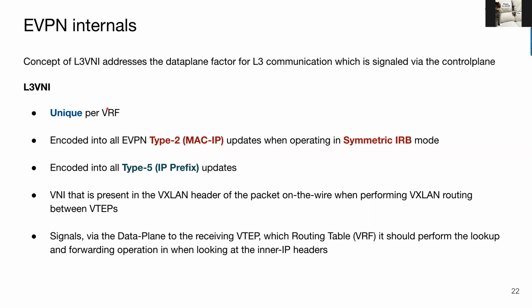So once we are using IRB, then we'll have this layer 3 VNI. I do want to point out it's specific to symmetric IRB. The two main flavors are going to be asymmetric and symmetric. And we'll talk more about that when we really get deeper into layer 3. This is more just an introduction.